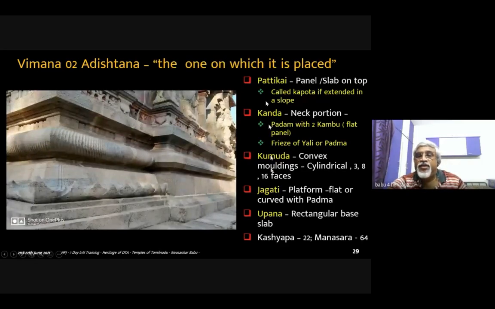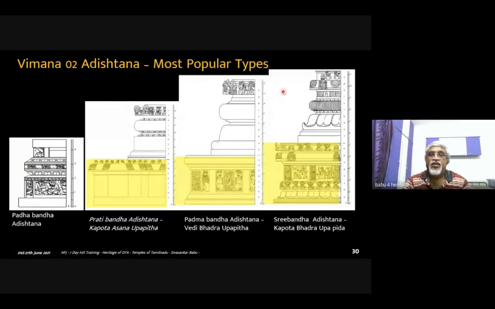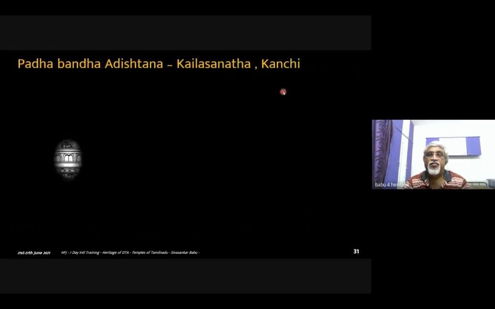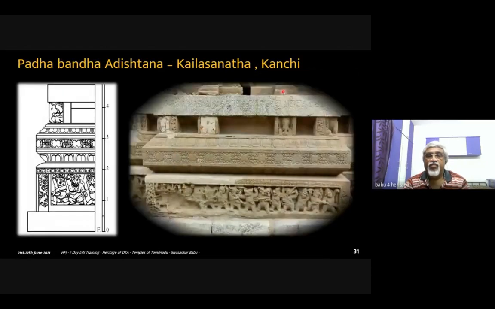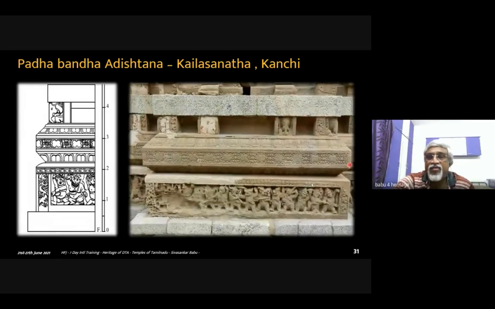So if you see this, Upana, Jagati, Kumudam, Gandam, and Pattigai, the same design is getting represented here. See the amount of details and the richness that has happened in this design.